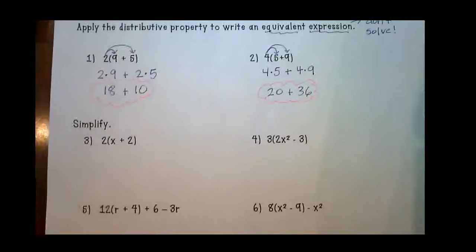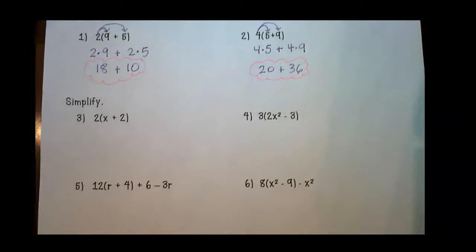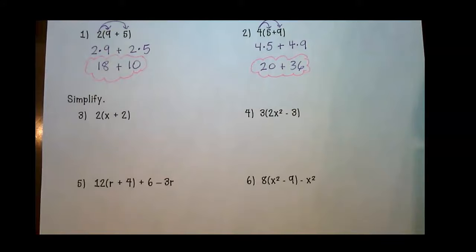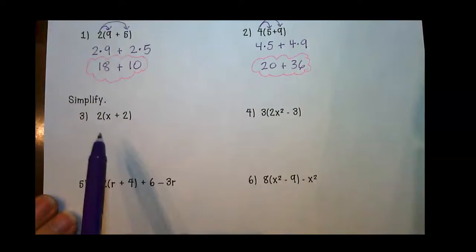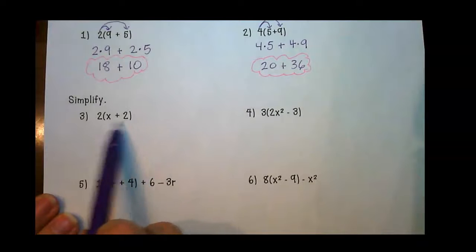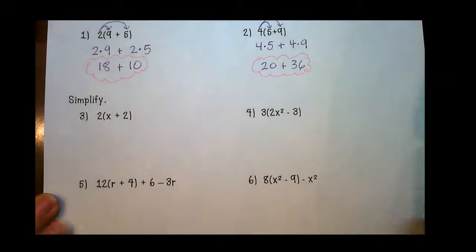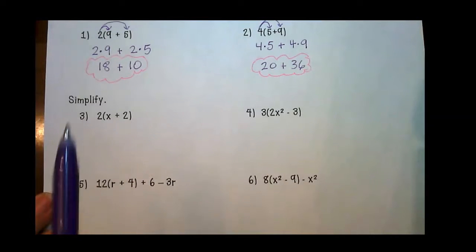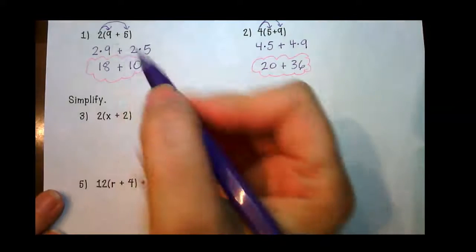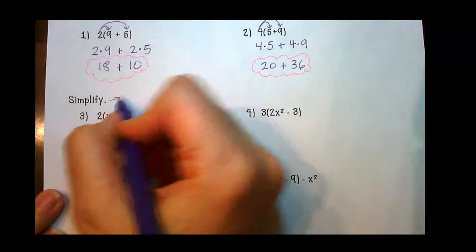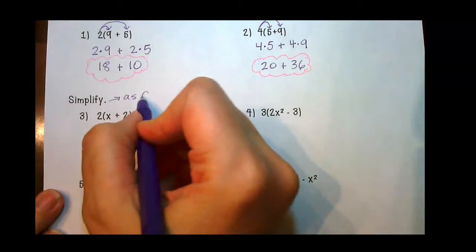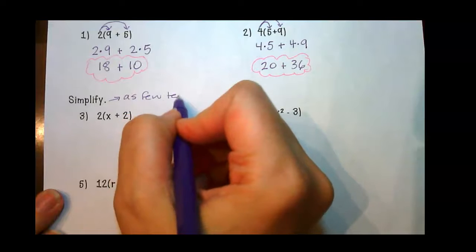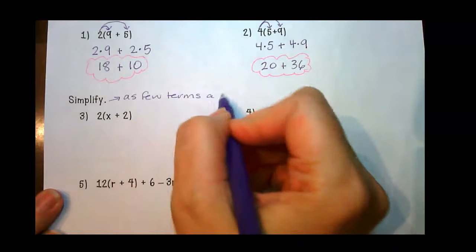Now we're going to look at ones with variables, because if we're going to use the order of operations, we would add what's in the parentheses first, but these aren't like terms, so we cannot add it. However, it is not simplified. Okay, so you want as few terms as possible.